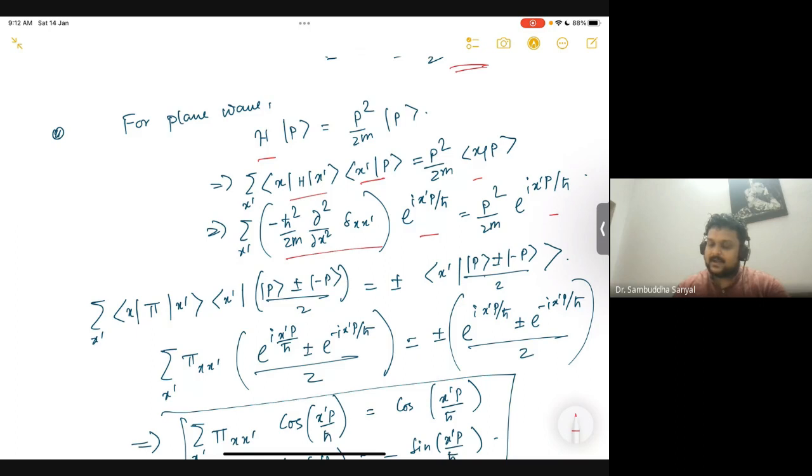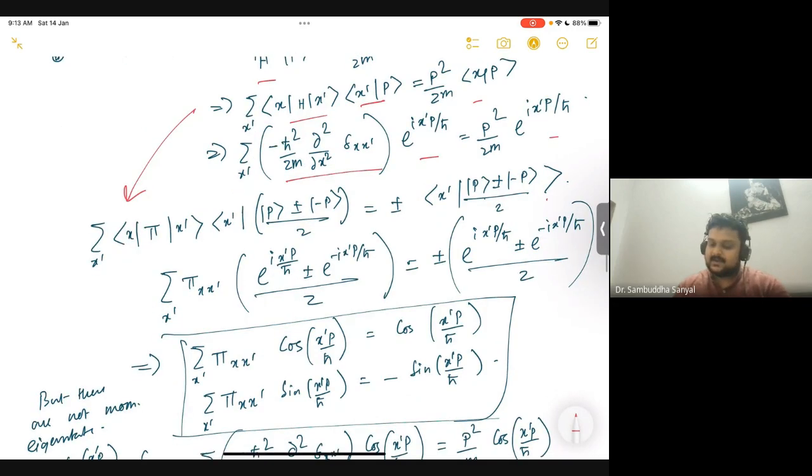I am writing this line in the form that I want this to be not just p but p plus or minus minus p, which is the parity eigenstate. So if I rewrite it in this way, then I can just expand each of these terms. It becomes this, and this is nothing but plus is cosine, minus is sine with an i, and I can put in both sides, then it will satisfy this equation. So now note that the cos will satisfy the plus eigenvalue equation, and minus will satisfy the minus eigenvalue equation.